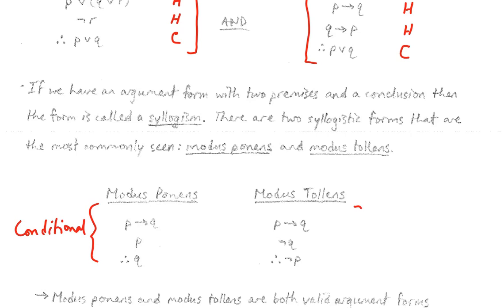Modus Tollens: you have P implies Q, you have not Q, therefore not P. Having the conditional and then seeing not Q, therefore not P. For that, this looks like the contrapositive.